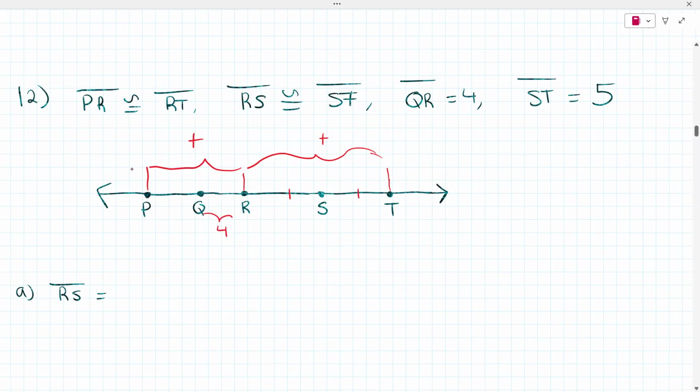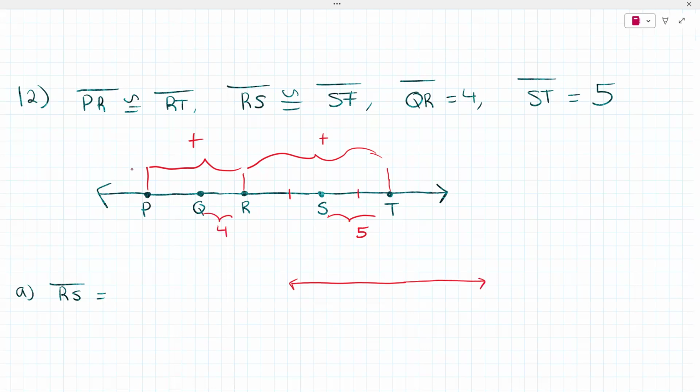And then ST is 5. If you want to draw PRT, maybe we can also draw another line segment. So let's stick with PRT.